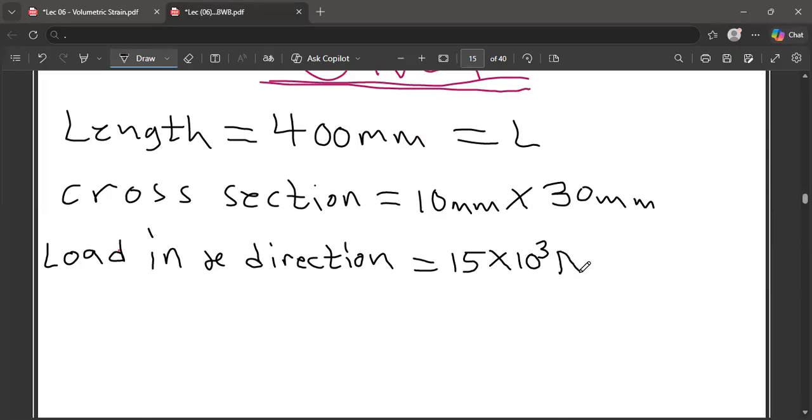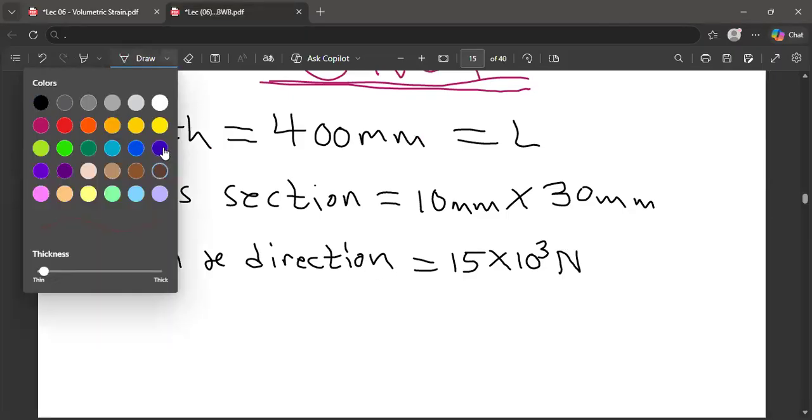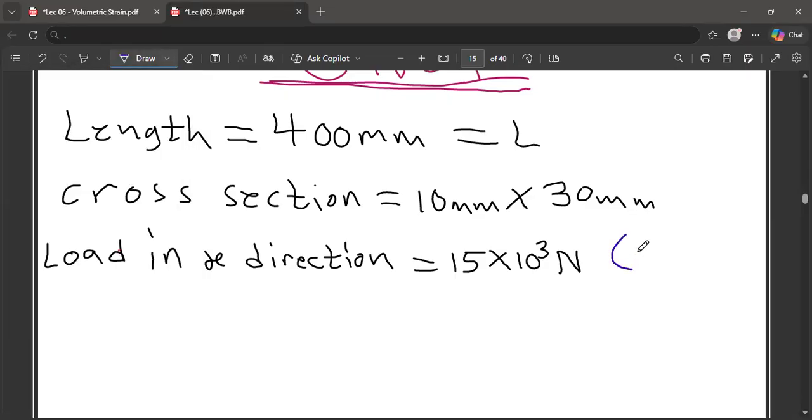And it is a tensile force, so I can write over here, it is tensile.